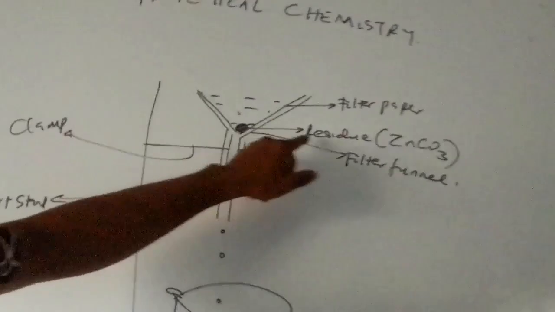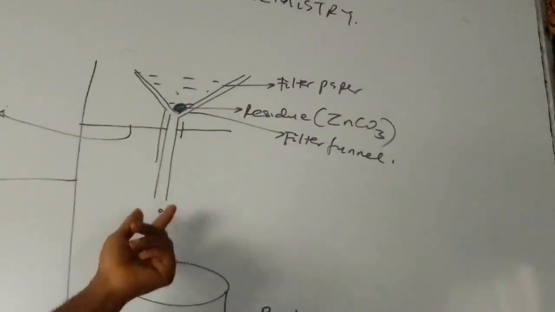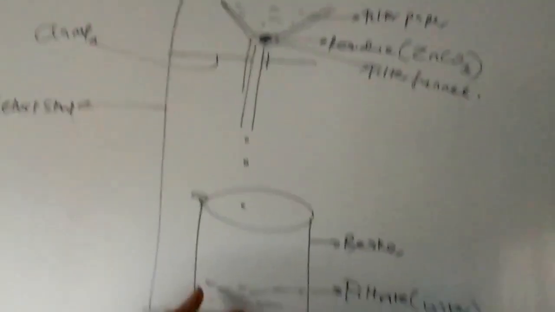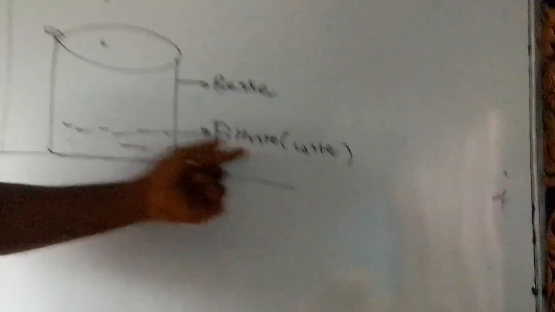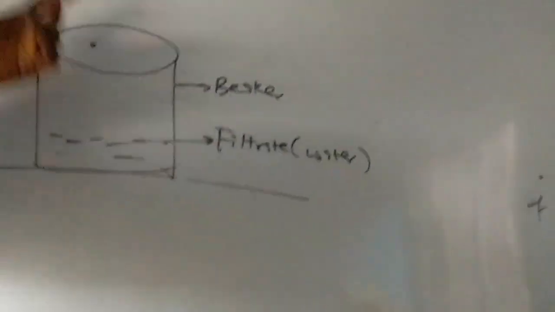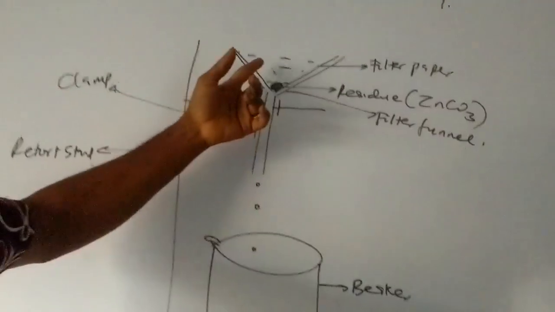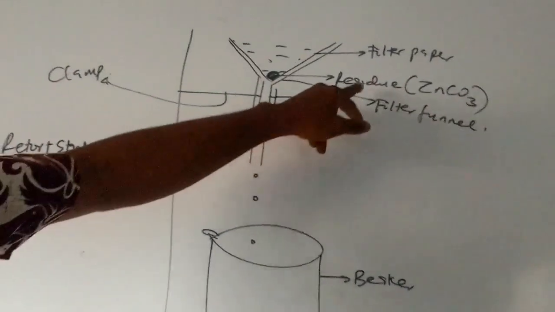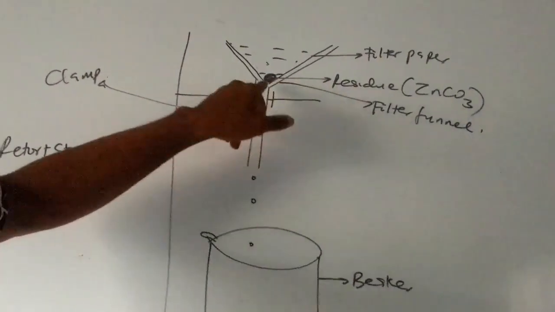The solid residue there is zinc carbonate. Water goes through because the filter paper contains tiny pores, so water filters out into the beaker. Water is the filtrate, the water that passes through the tiny pores of the filter paper. The zinc carbonate, which is insoluble in water, is called the residue.